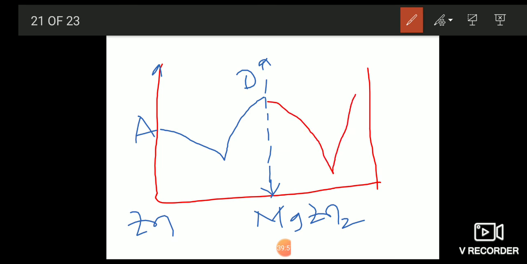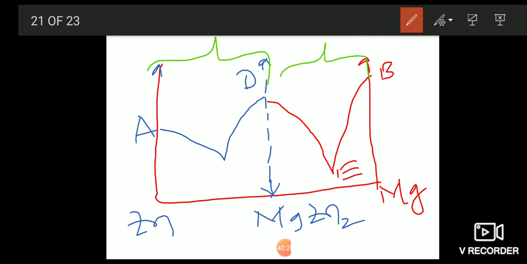This is regarding pure magnesium. That is two halves. One half is this one and the other half is this one.